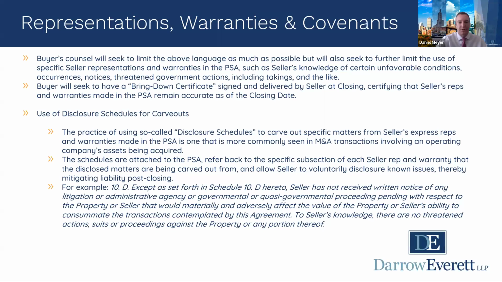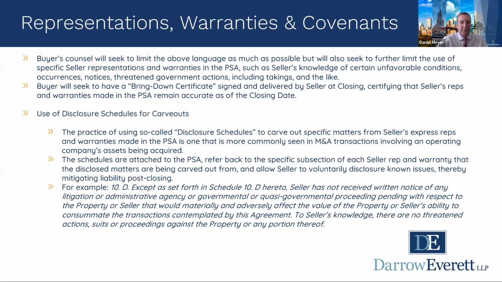The schedules, which are generally attached much like exhibits to the actual purchase and sale agreement, will then refer back to the specific subsections of the seller rep and warranty that it is addressing. I give an example here.